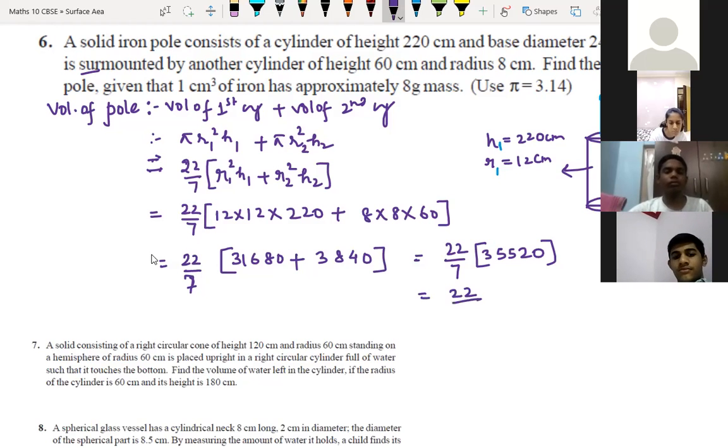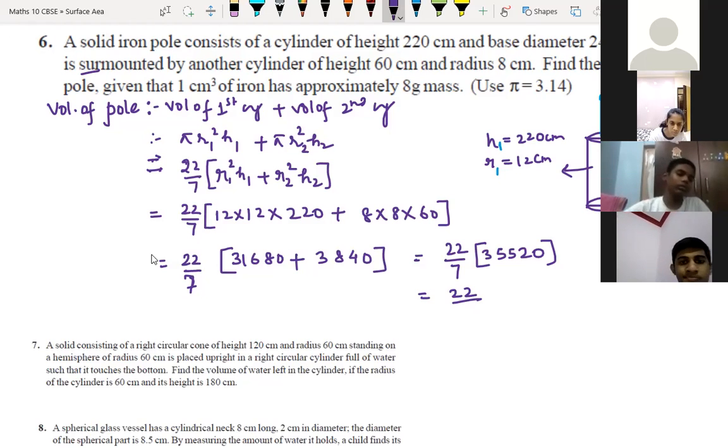So 22 by 7, will you cancel here? No. So what do you get, children? It will divide by 7. I am getting 111,634.28. So this is not complete, no?